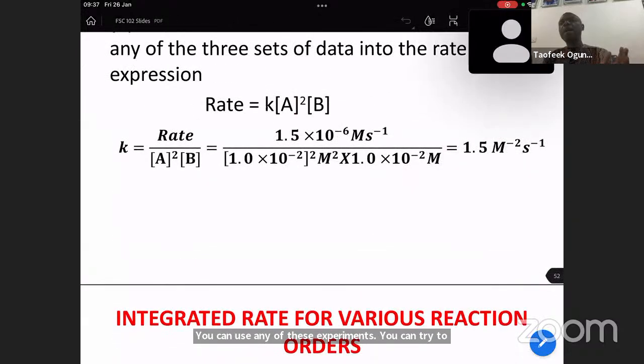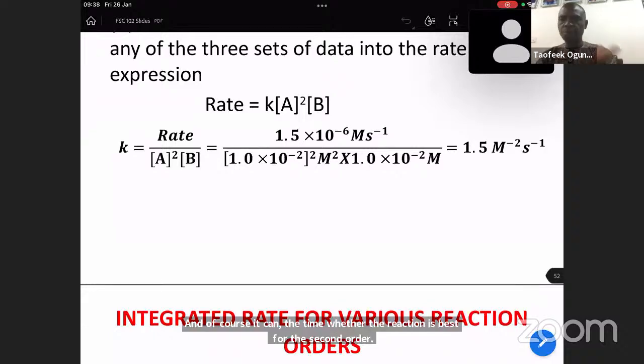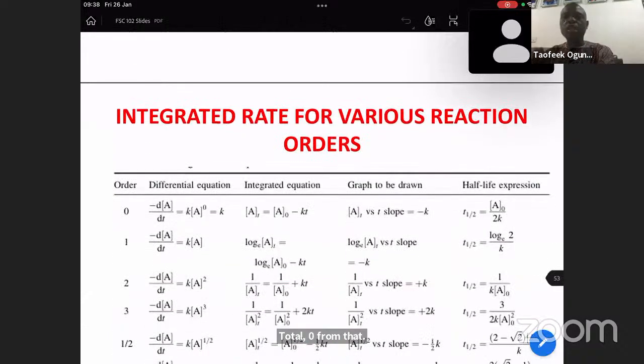Now, this is one very good and very straightforward method of determining the order of reaction with respect to individual reactants. And of course, you can determine whether the reaction is first order, second order, third order, or zero order from that. But there's also something called the integrated rate equation for various orders of reaction.